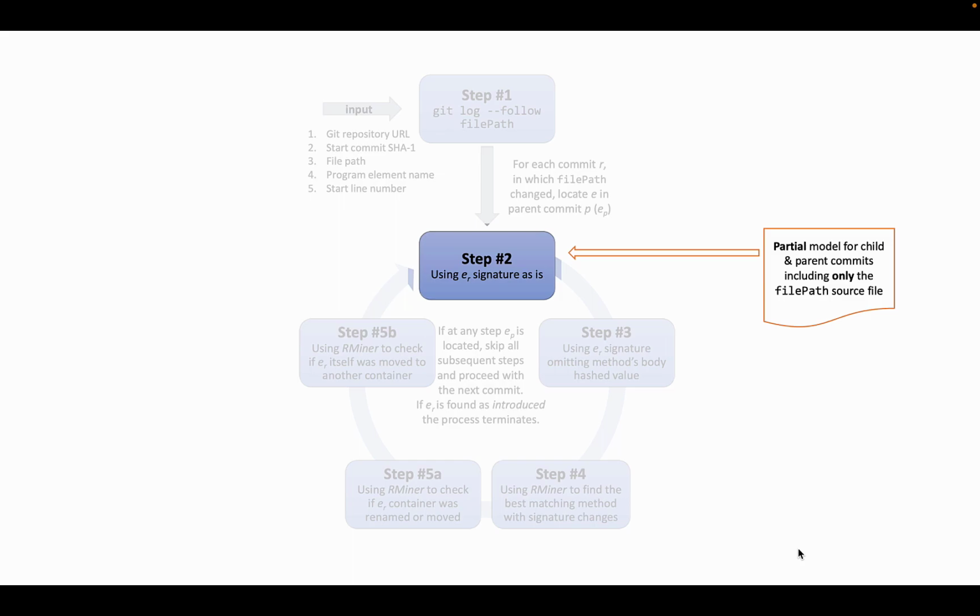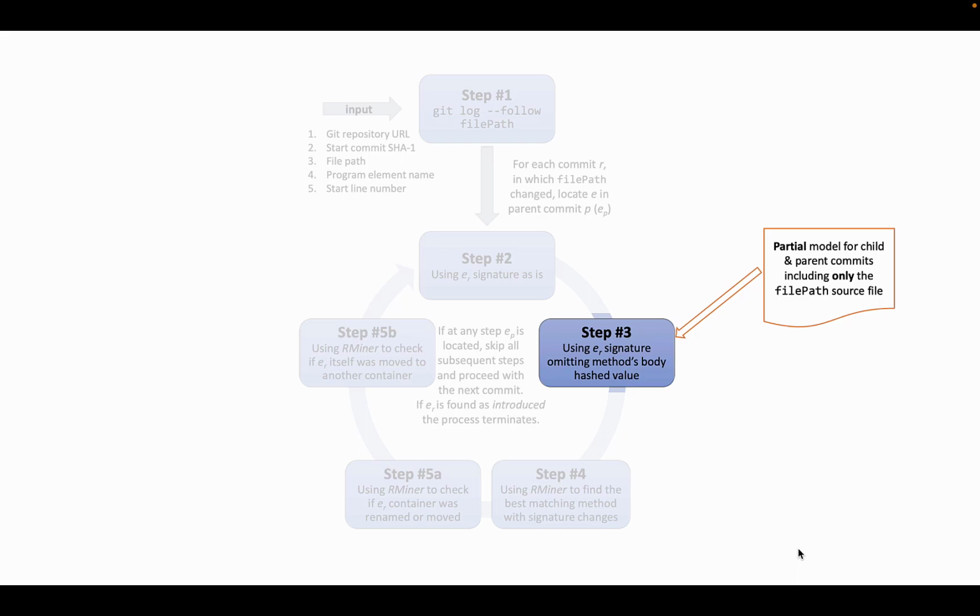Now, in order to execute step 2, we first create a partial model for the child and parent commits that include only the source files corresponding to the file path. And in step 2, we try to find in the parent commit a program element that has an identical signature. If this program element is not found in the parent commit, then in step 3, we relax the signature by omitting the method body hash value.